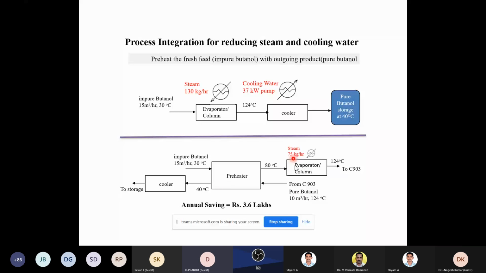The incoming impure butanol is at 30, it gets to 80, and with a little more steam, 75 kg per hour, you get 124. So you save on steam: 130 kg has reduced to 75 kg. The cooling water pump is completely eliminated. Steam savings alone are about 3.6 lakhs per annum. This is called process integration. When you study the process in detail, there is a lot of scope for integration.